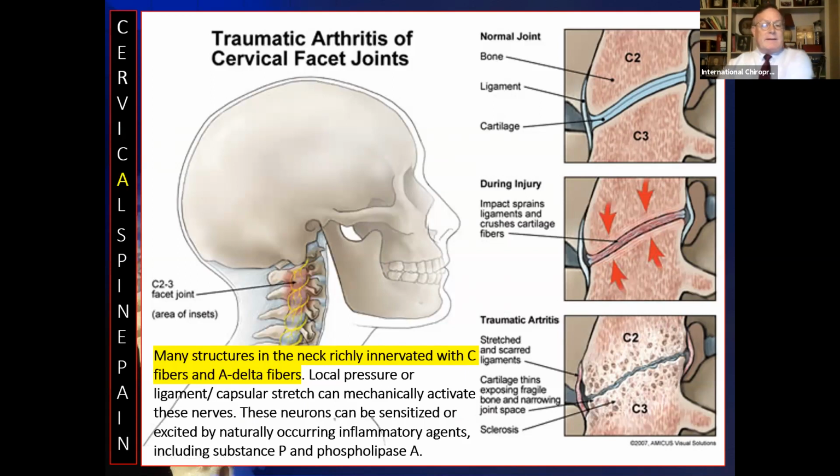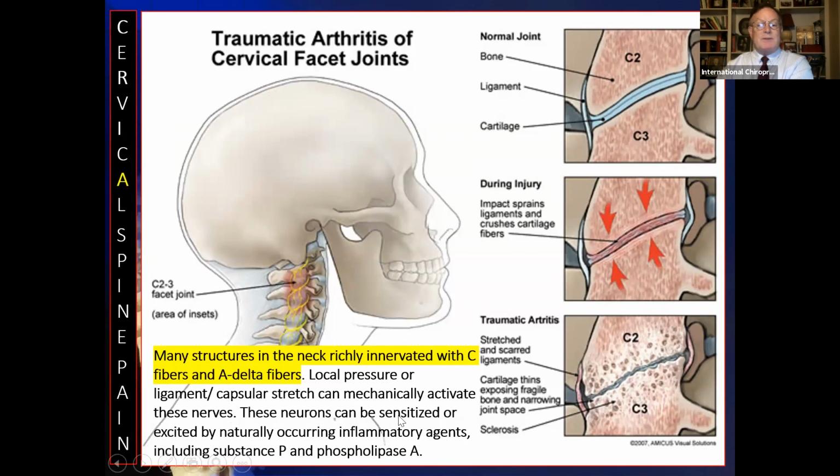Now, think about the pain generation. Many structures in the neck are richly innervated with C fibers. And we'll talk about A delta fibers as well. Local pressure along the ligament and capsular structures related to stretching mechanically activate these nerves.